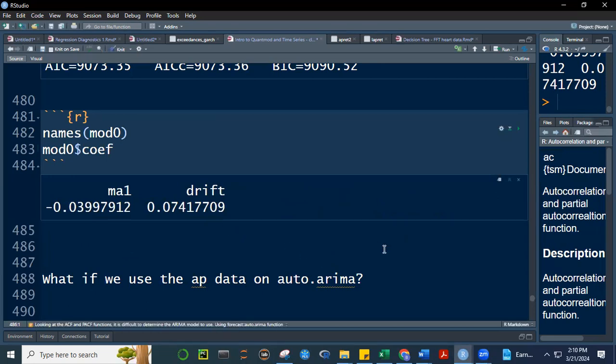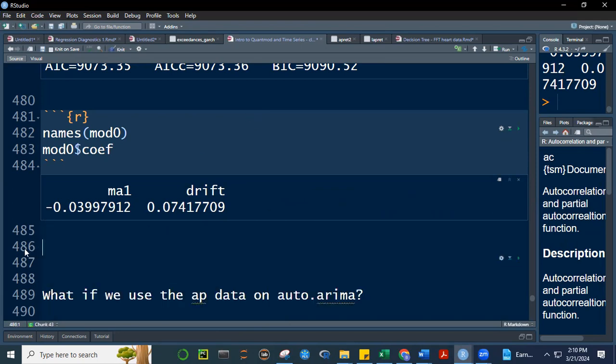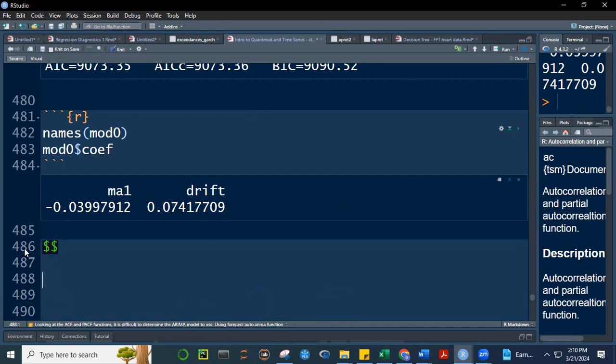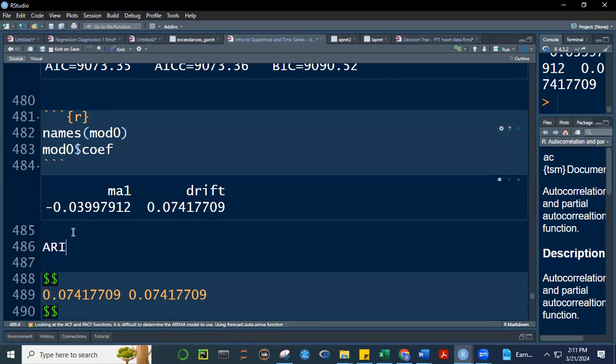So ano yung magiging model natin, class, kapag MA? Okay, so let me copy this. So yung drift, Control C, at saka yung ito. So how will our model look like? Now take note, yung ARIMA 0,1,1.